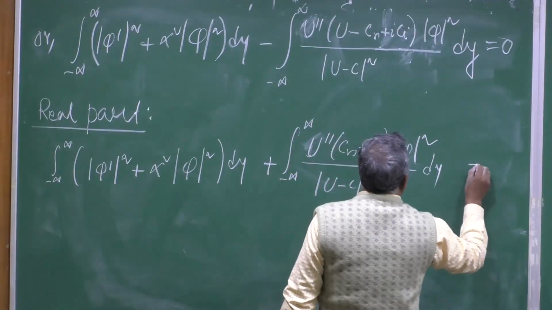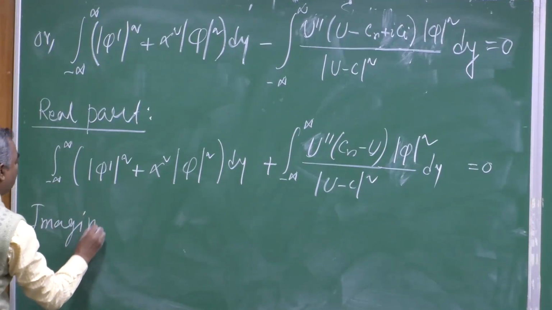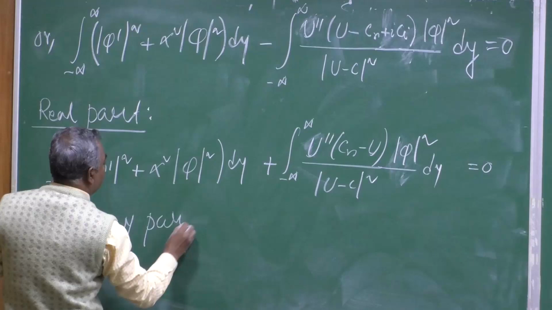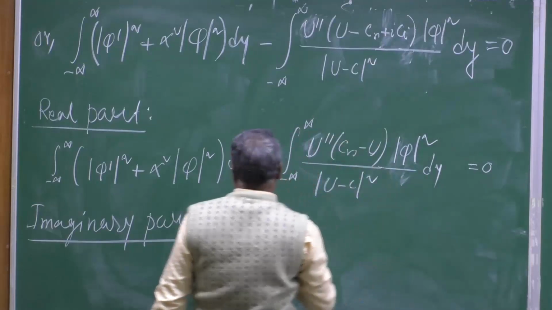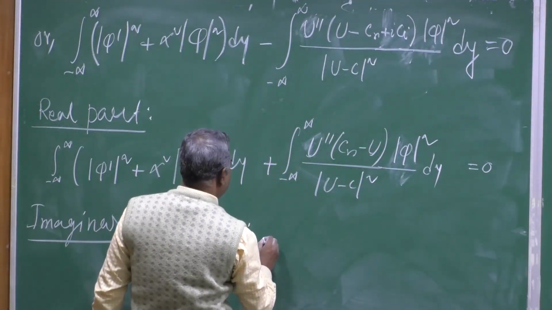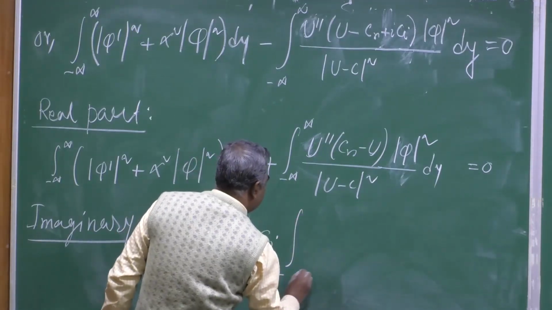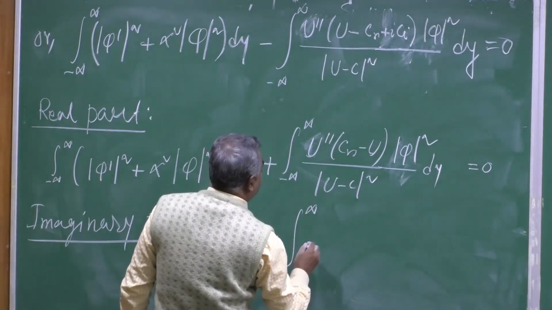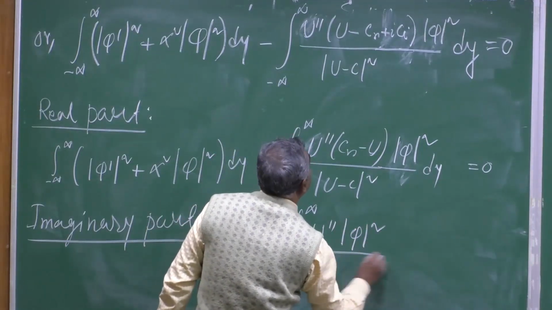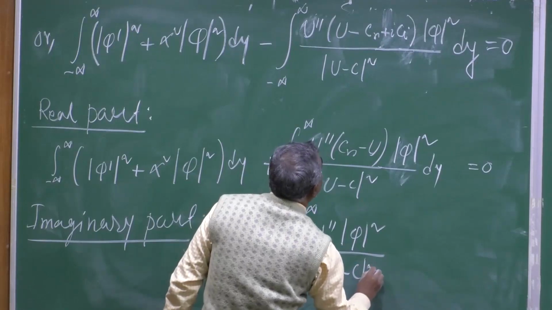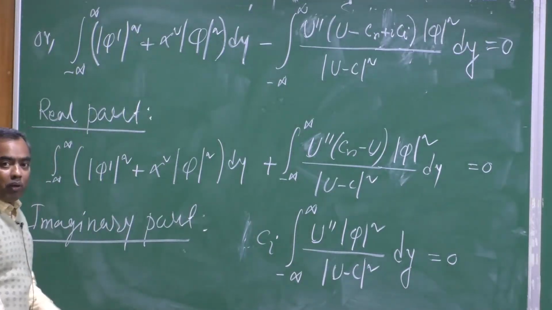And the imaginary part is c I times the integral from minus infinity to infinity of u double prime phi square over u minus c whole square dy, which is equal to 0. So these are the two parts we have got.